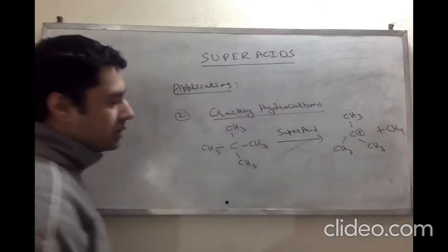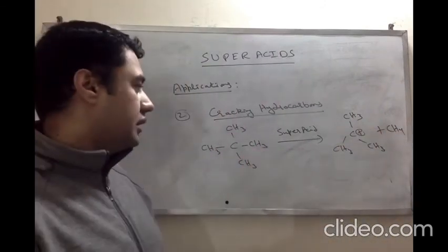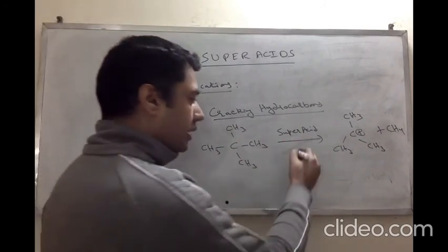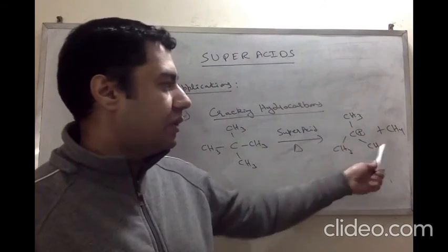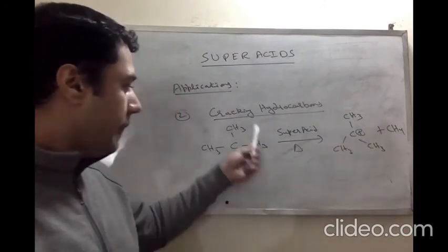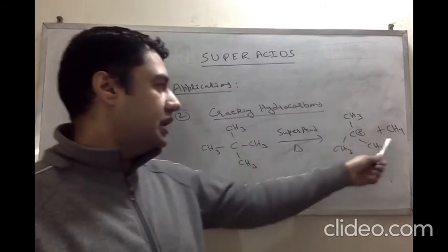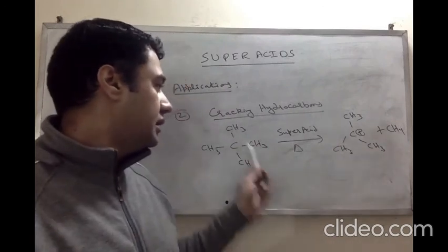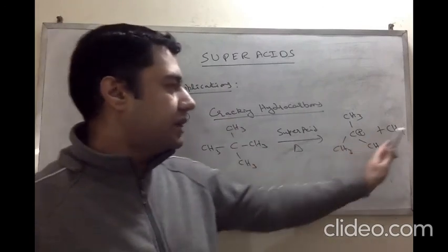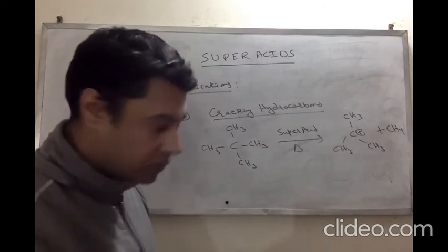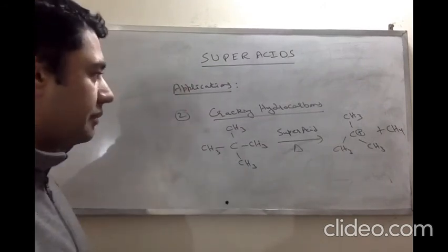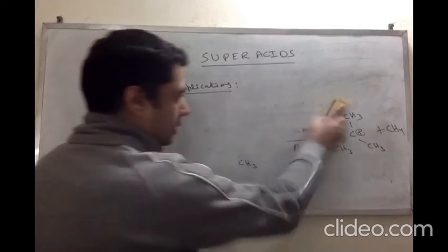So this is the result of addition of neopentane to superacid with a little amount of heating, and the result is a tertiary carbocation and methane. As you can see, a large hydrocarbon has yielded a smaller hydrocarbon, and essentially this compound has been split into two parts, which is nothing but cracking the hydrocarbon. So this is the second area of application.